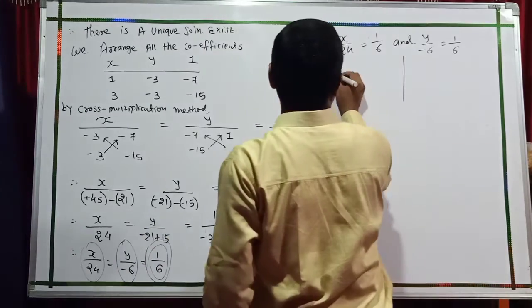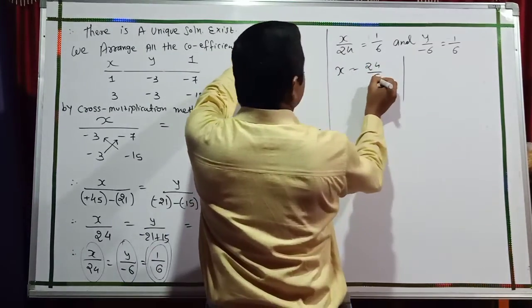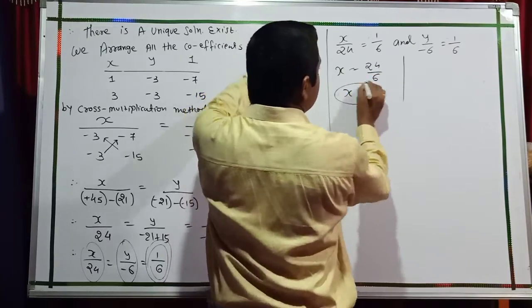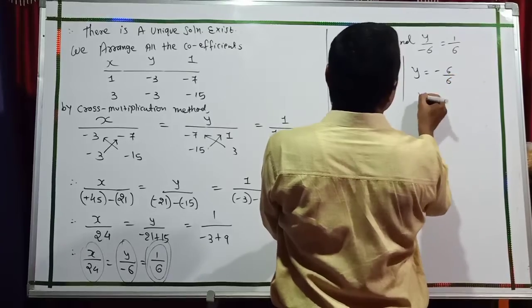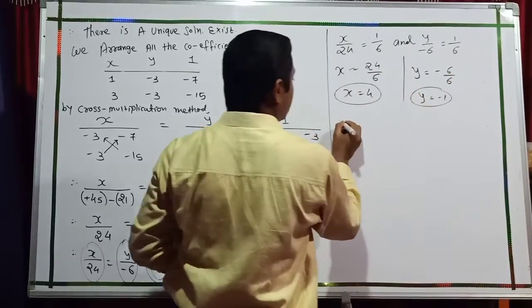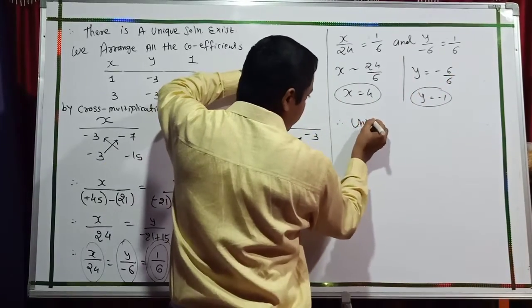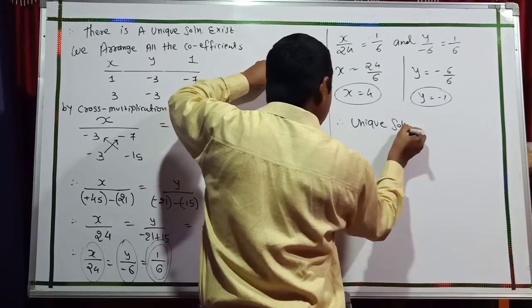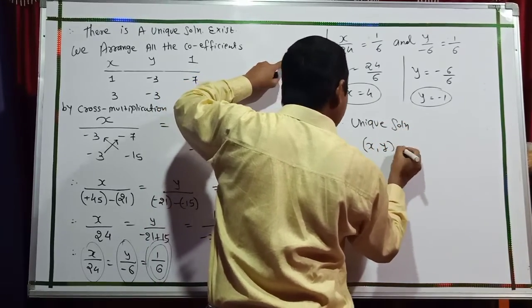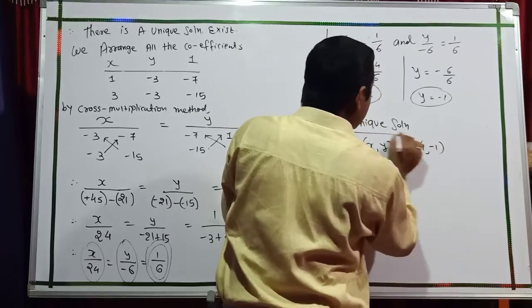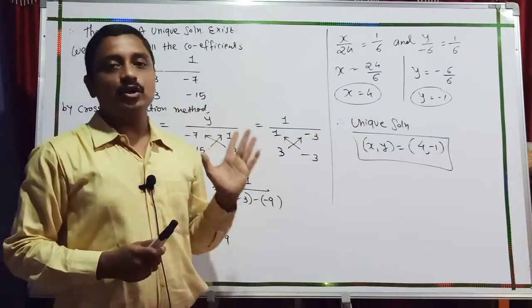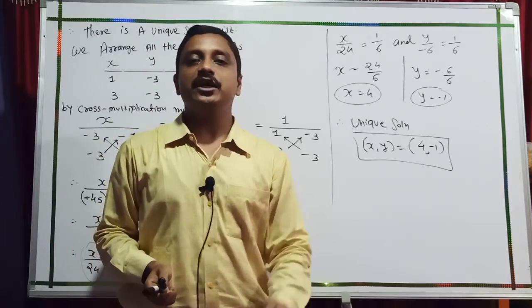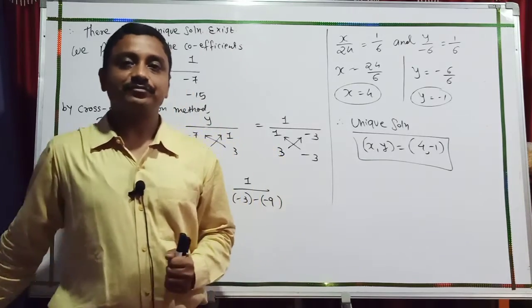Okay, so x is equal to 24 by 6, which is 4. And here minus 6 by 6 is minus 1. Therefore, the unique solution x, y is 4, minus 1, and that's our final answer to question 1, fourth one. Students, here happily done.